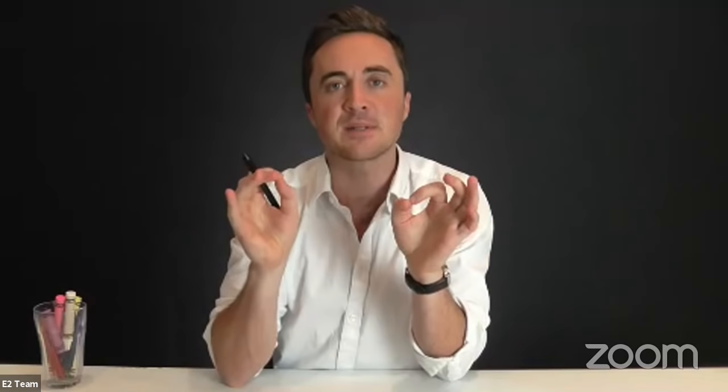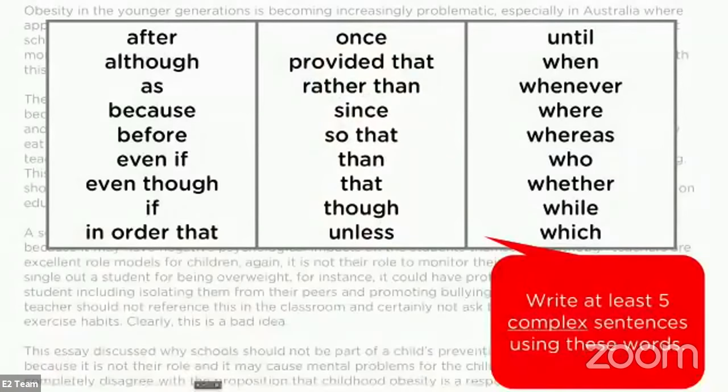If you wrote a perfectly grammatical essay, like nothing wrong with it, it's like 100% perfect, right? But you just wrote simple and compound sentences. Guess what band score you would get out of 9 for grammar? You would get a 4. That's the maximum you can get if you write simple sentences or compound sentences. You need to include in your essay a range of complex sentences and a variety of different verb types, etc.